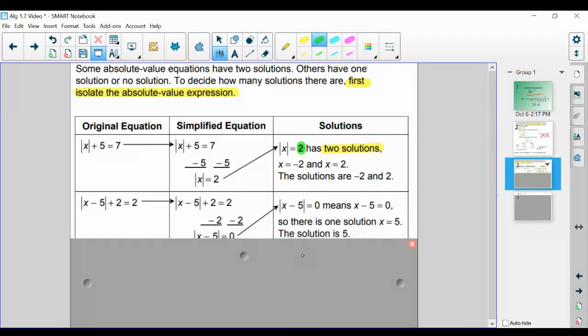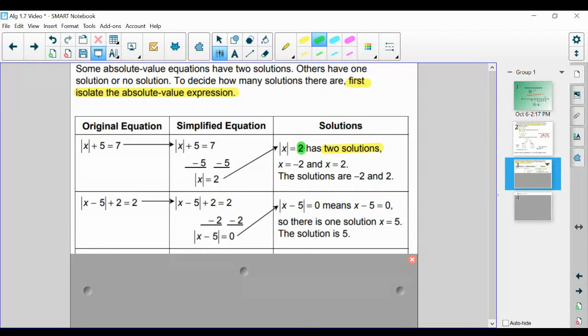As we go down, if we look at this situation here, the original is the absolute value of x minus 5 plus 2 is equal to 2. When we isolate it, we get the absolute value of x minus 5 is equal to 0. Well, we're trying to figure out, hey, x minus 5, whatever that is, it has to be 0 units away from 0. So we can't go to the right or to the left on the number line. So it has to be equal to 0.